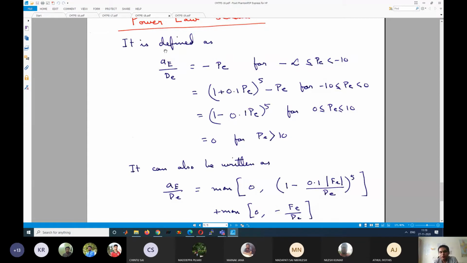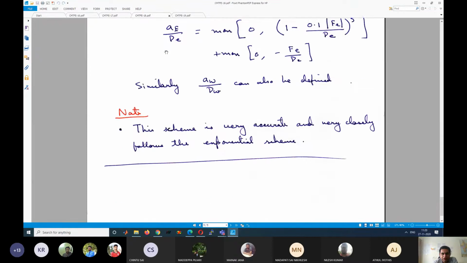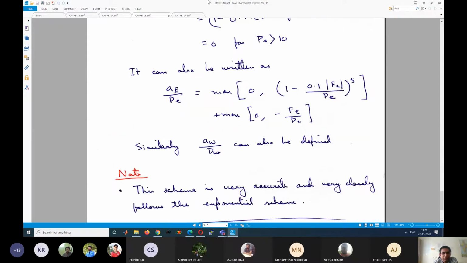So hundreds of schemes can be developed, but it has to be checked whether that works in all cases or in most cases, and what the limitations are. People have derived other schemes also.